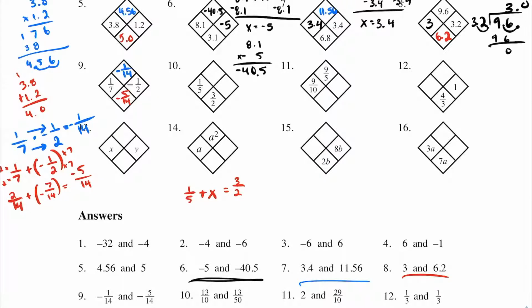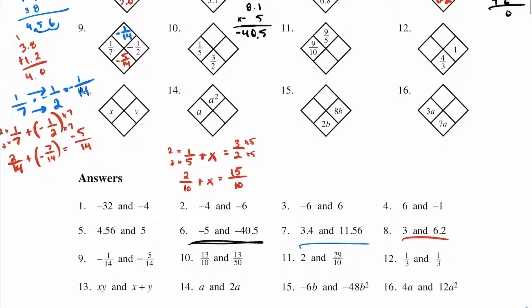So I'm thinking 10, right? 5 times 2 is 10. So I'm going to multiply the numerator and denominator of 1/5 by 2, so that becomes 2 over 10 plus x. And then for 3/2, I'm going to multiply the numerator and denominator by 5, so I get a common denominator of 10. That's going to be 15 over 10.